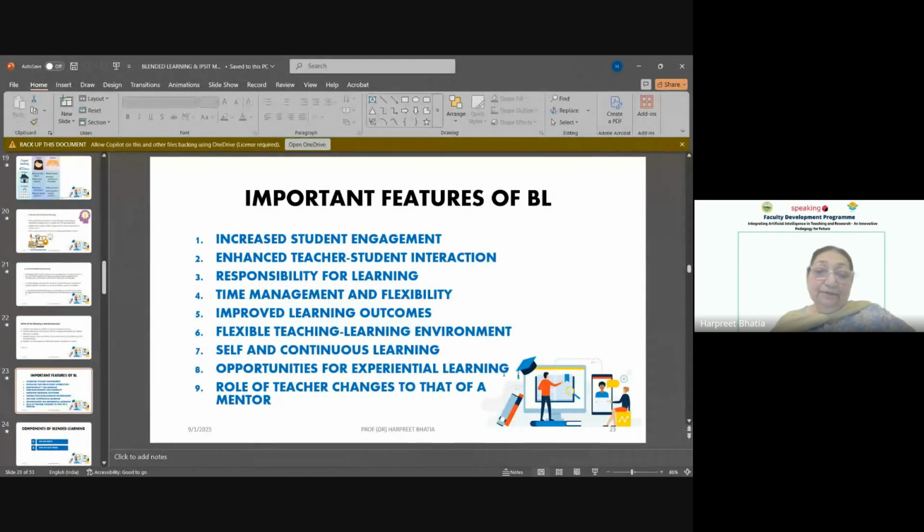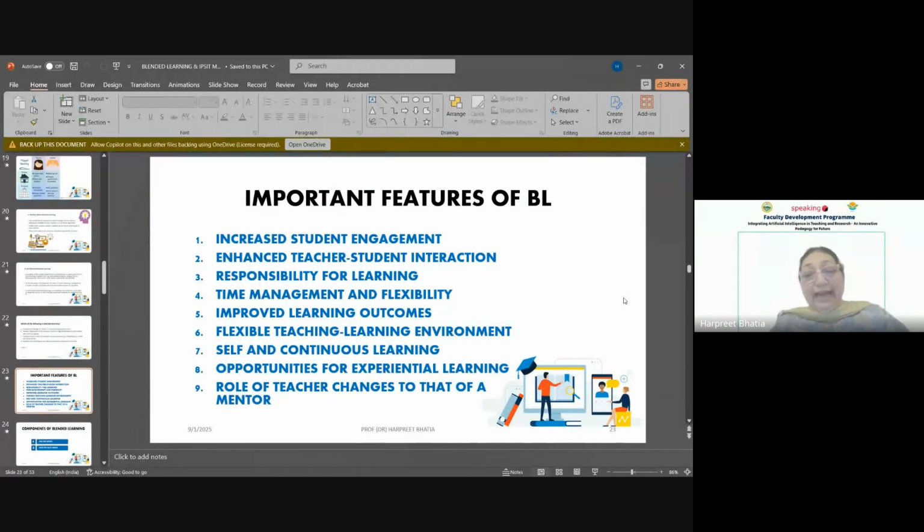So these are the different important features of blended learning: it increases student engagement naturally, since they are learning what they want to learn and in a way that they want to learn. Student-teacher interaction also gets enhanced. Responsibility for learning is on the learner.